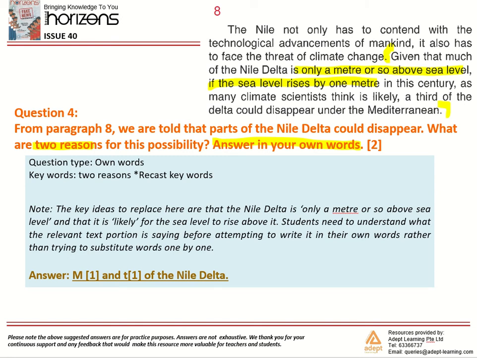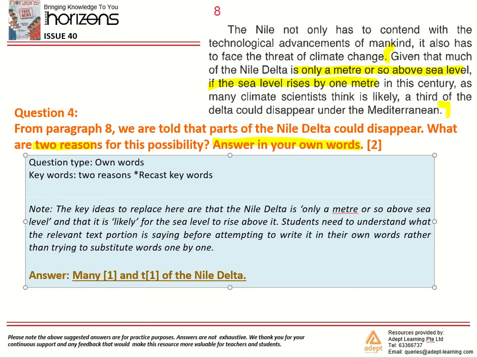So, why would the delta disappear? Given much of the delta, I'll paraphrase it as many parts of the Nile Delta, capital D, is only 1 meter or so above the sea level.